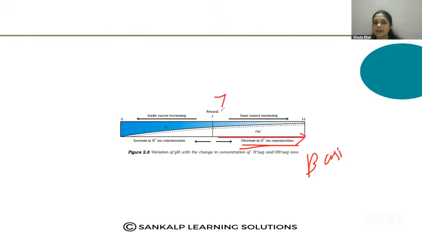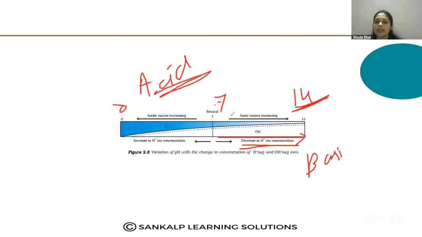Okay, ಈಗ 7 ಇಂದ 14, so that represents the base, and from 0 to 7 that represents the acid. Okay, ಈಗ 7 ಇಂದ ನಂಬರ್ಸ್ ಜಾಸ್ತಿ ಆಯ್ತು ಅಂದ್ರೆ ಬೇಸಿಕ್ ನೇಚರ್ ಸ್ಟ್ರಾಂಗ್ ಬೇಸ್ ಆಗ್ತಾ ಇದೆ ಅಂತ ಅರ್ಥ. ಈಗ ಏನಾಗ್ತಾ ಇದೆ, 7 ಇಂದ ನಂಬರ್ ಕಡಿಮೆ ಆಗ್ತಾ ಇದೆ ಅಂದ್ರೆ ಸೊ ದಟ್ ಈಸ್ ದ ಸ್ಟ್ರಾಂಗ್ ಆಸಿಡ್.